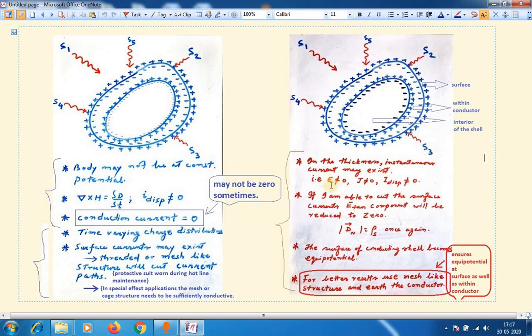We may have non-zero electric fields, non-zero current density, non-zero displacement current as well, right? Fine. Now the thing is how to realize this equipotential case. How can you say that the conductor is equipotential?